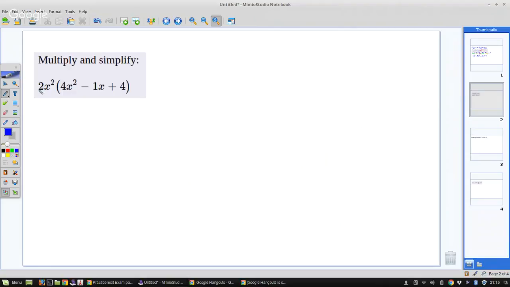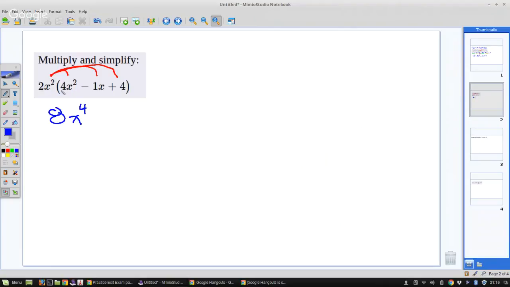So here we have a multiplication of a monomial by a trinomial, and it's just the idea of distribution. So this monomial here needs to be multiplied into each term of this polynomial. So 2x squared times 4x, 2 times 4 is 8, and then x squared times x is going to give us x cubed.